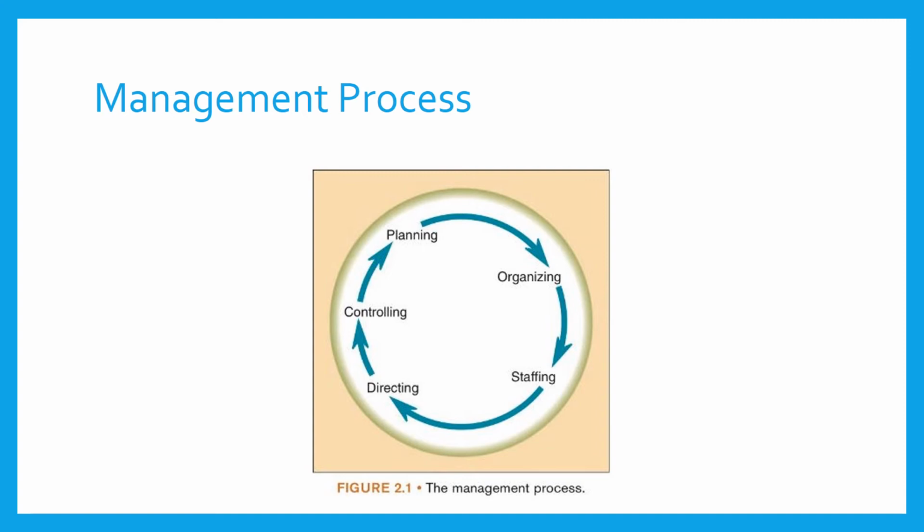And then organizing would be putting together how they're going to go about carrying out these plans that they have just come up with. So they may decide how they're going to make this change, or how they're going to fit X, Y, and Z into their budget for their unit goals, okay?